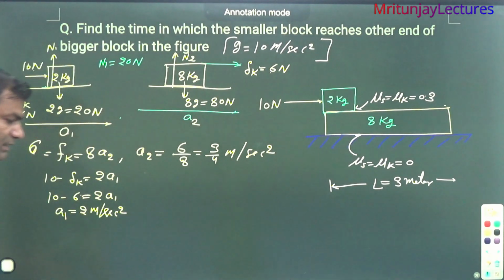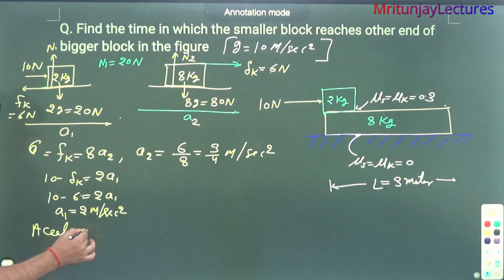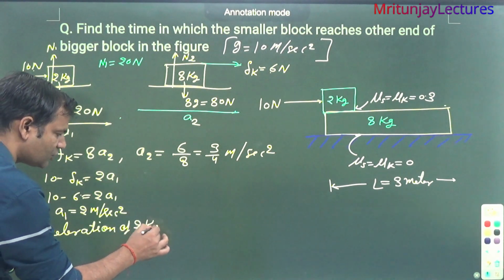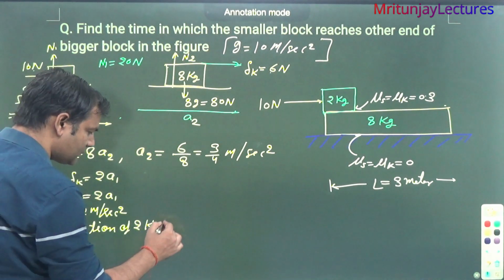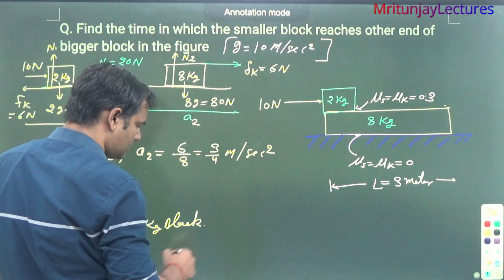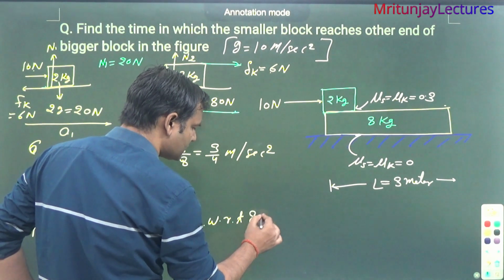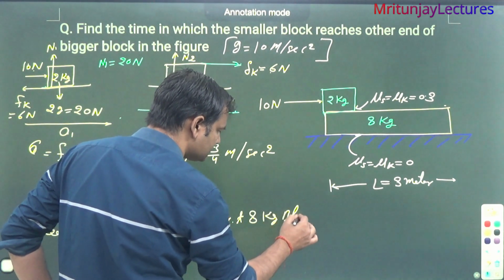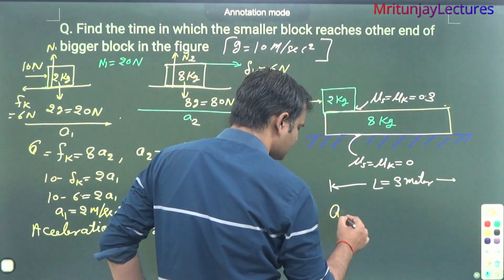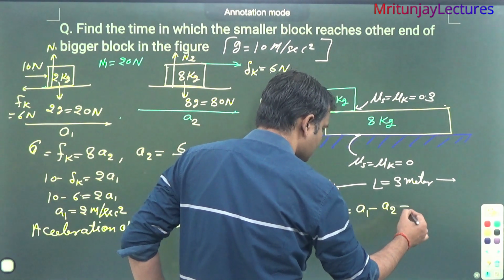So you can write the acceleration of the 2 kg block with respect to the 8 kg block, that is A dash, equal to A1 minus A2.